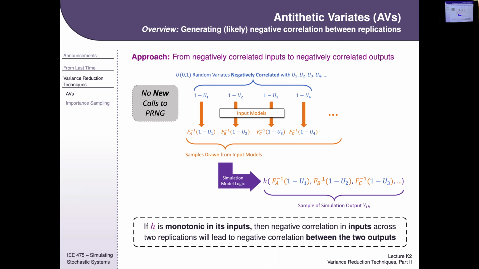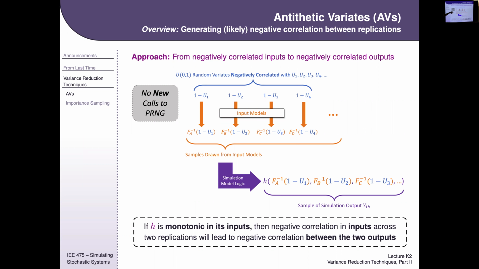Now the hope is that a low random number going into an exponential generator is going to give us a large exponential value, whereas a high random number going into an exponential generator is going to give you a low exponential value.